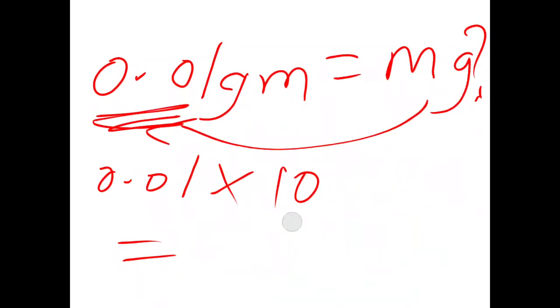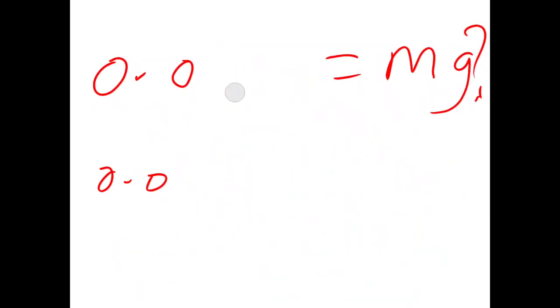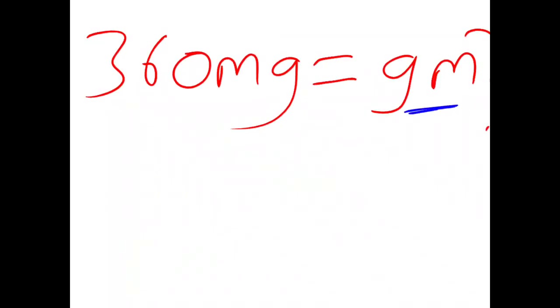Okay, so let's look at the last example in terms of conversion, then we can move on to the next step. Let's now do the reverse. Let's take, for example, you have been given gentamicin 360 milligrams, and then they want you to convert it to grams. Remember, grams are bigger than milligrams.